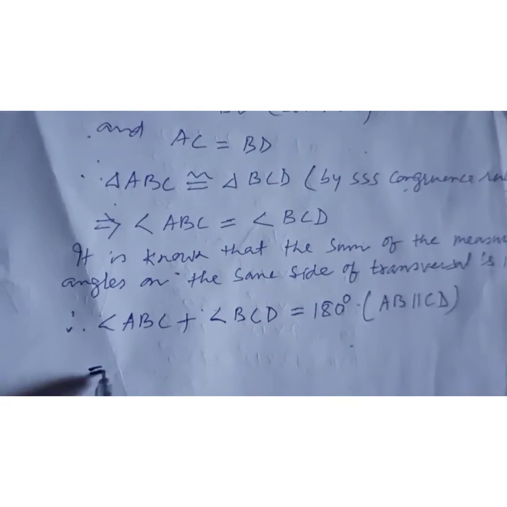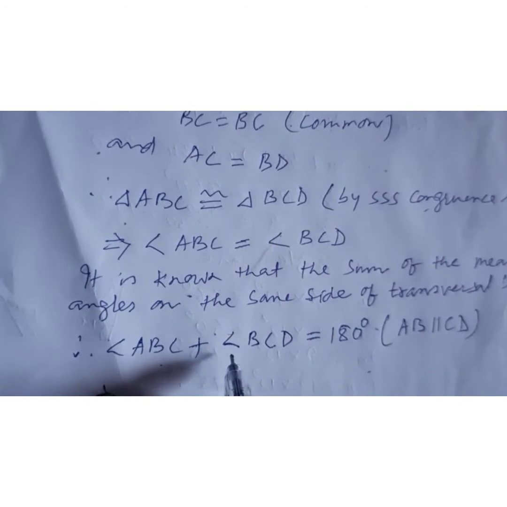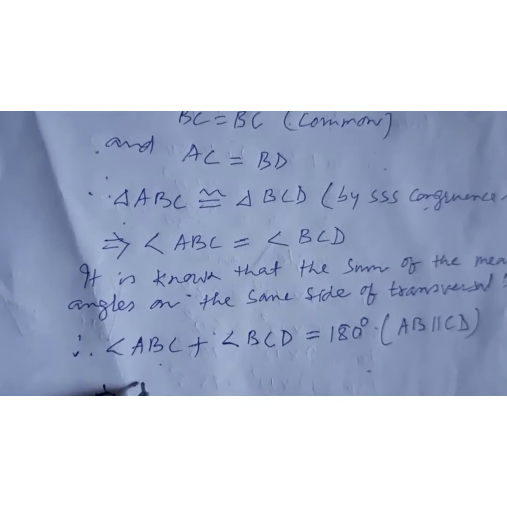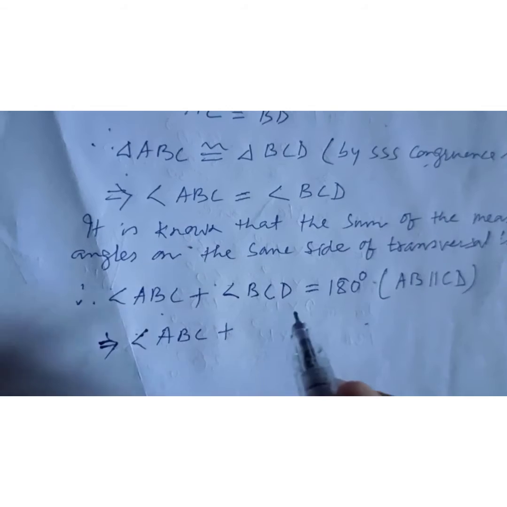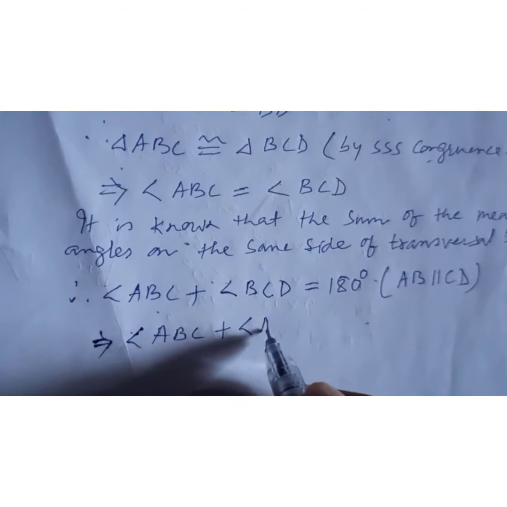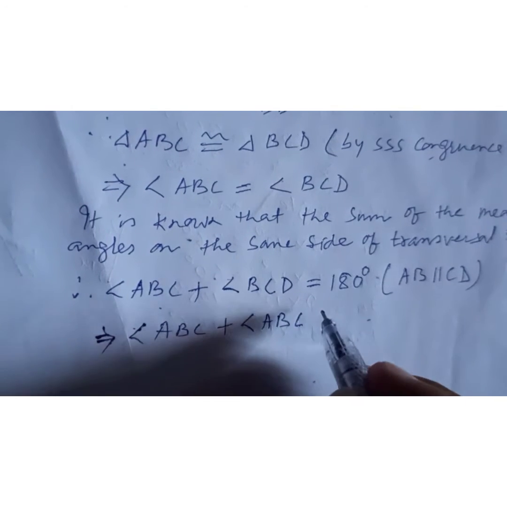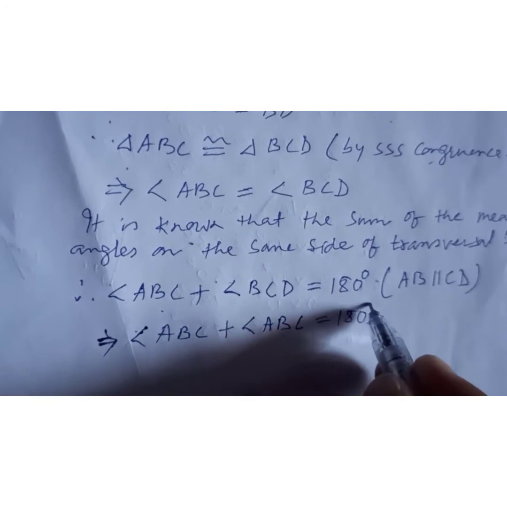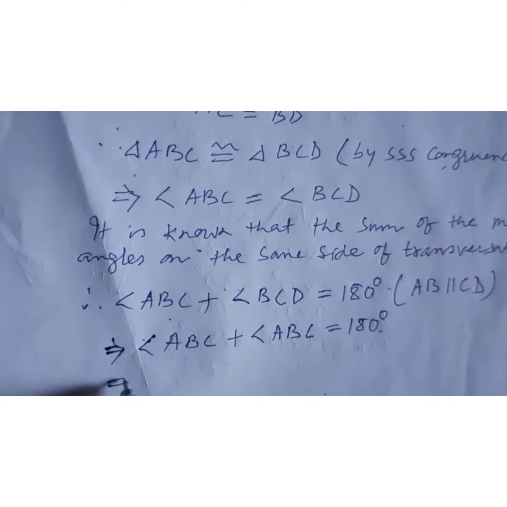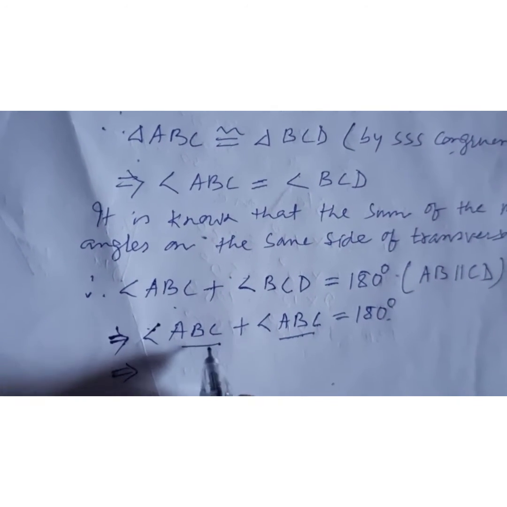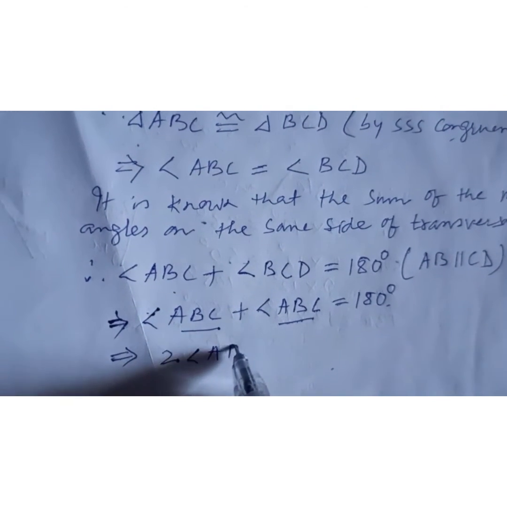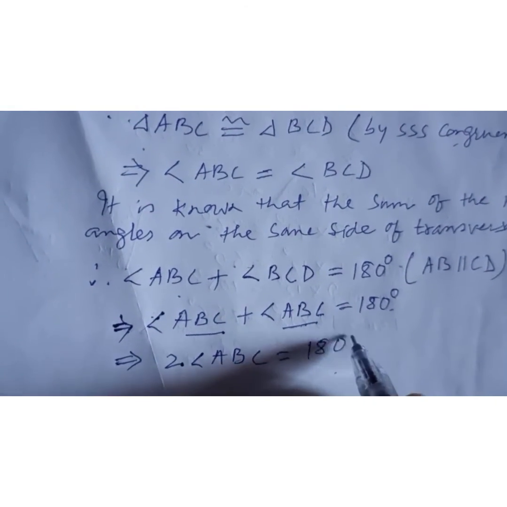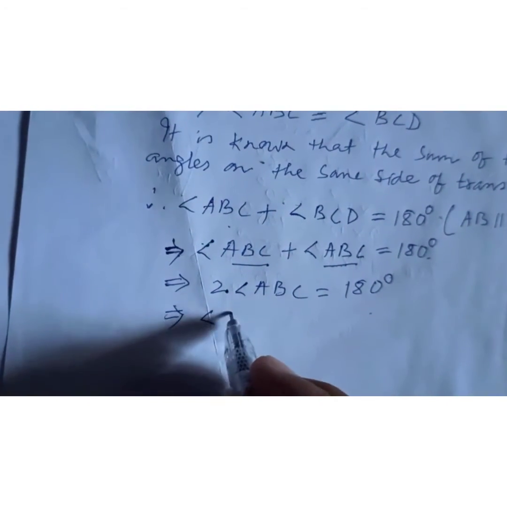So this implies you can write: angle ABC plus angle BCD, this is equal to 180 degrees. So this implies twice angle ABC equals 180 degrees. Then we need angle ABC.